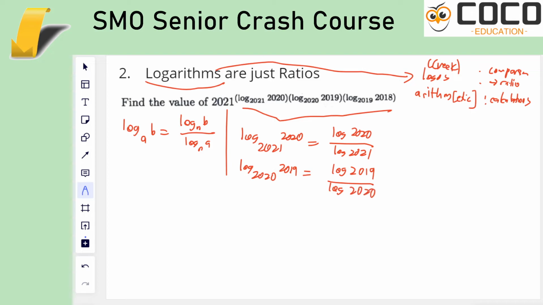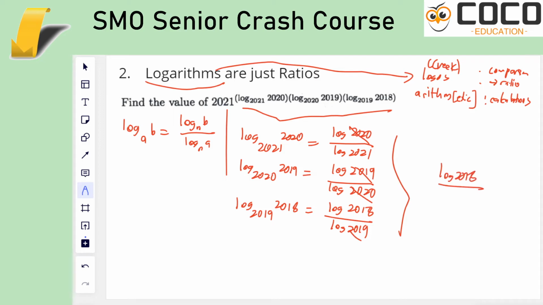Technically it means it's base 10, but it's more that I don't care what base it is, it's just temporary to emphasize the fact that we are looking at ratios. So when you multiply them, you get log 2018 over log 2021, which you can move back in again like this. So logarithms are just ratios now. The answer in this case is obviously 2018.